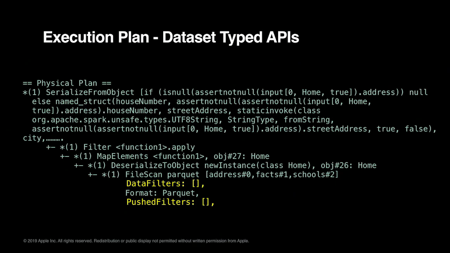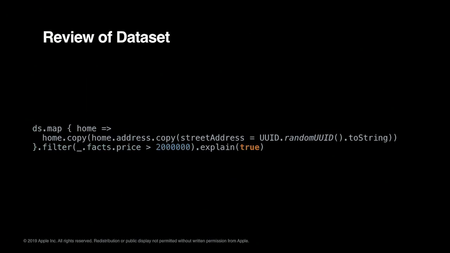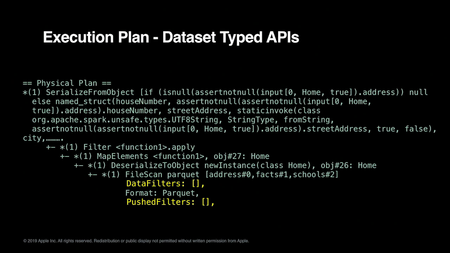First of all, Spark is going to read the data from the bucket. And then Spark is going to deserialize it into an actual POJO object over here. So we create a new instance of Home. And then we apply the Lambda function, which is defined over here. Basically, we are copying the Home object and replacing the street address. Spark has to do this because the Spark internal data format, which is read directly from Parquet, needs to be converted into a POJO so we can execute the Lambda function.